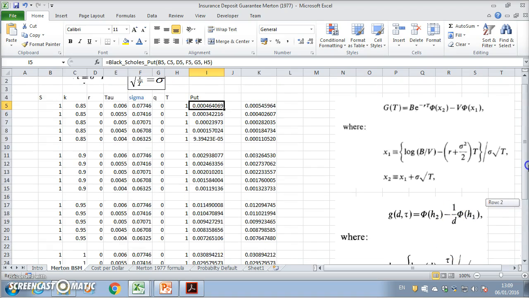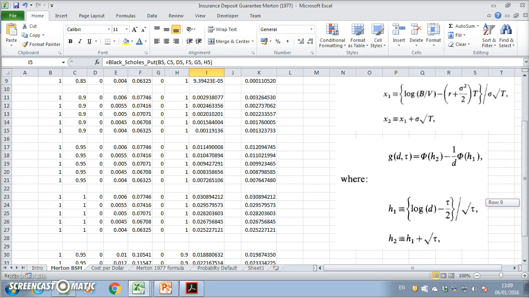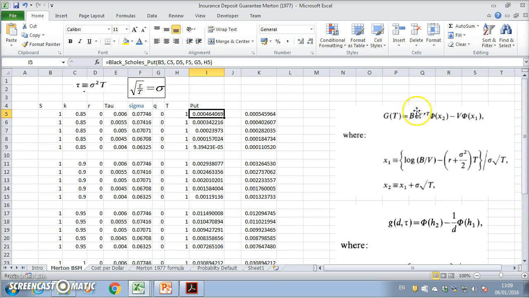At a more basic level, the loan guarantee is equivalent to a put option on the value of a firm's, if we thought of a bank, the liabilities of that bank, and then relative to the value of the assets. So if the assets fall below the value of the debt, then the deposits cannot be made good.